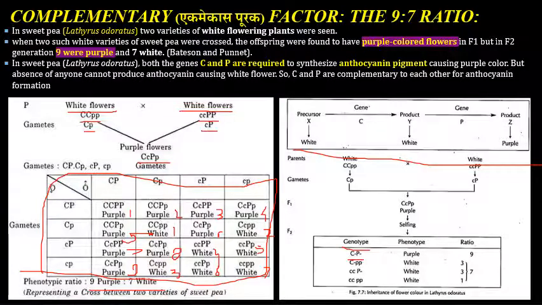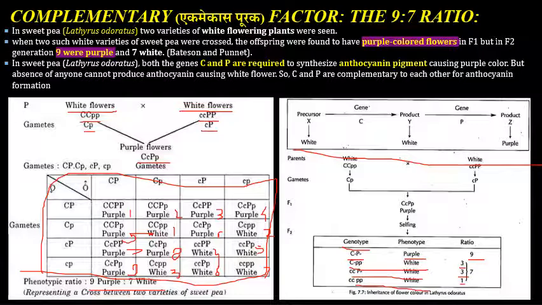The genotype capital C capital P gives purple flowered individuals, and the number of individuals is 9. Capital C small p gives white flowered individuals, quantity 3. Small c and capital P gives white individuals, again 3, and small c and small p gives 1 individual.